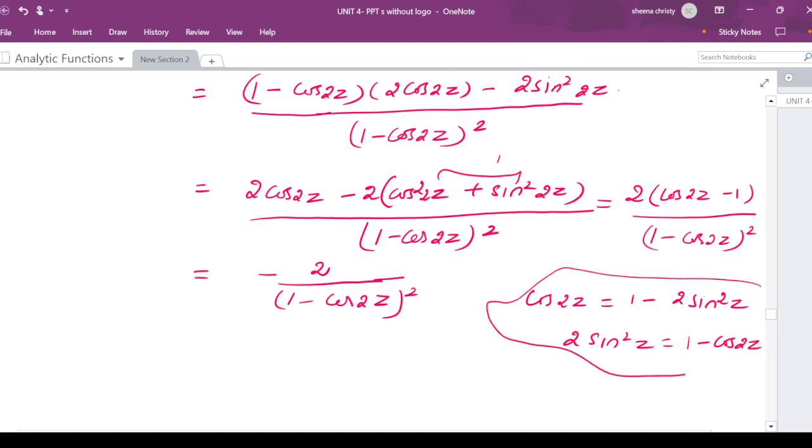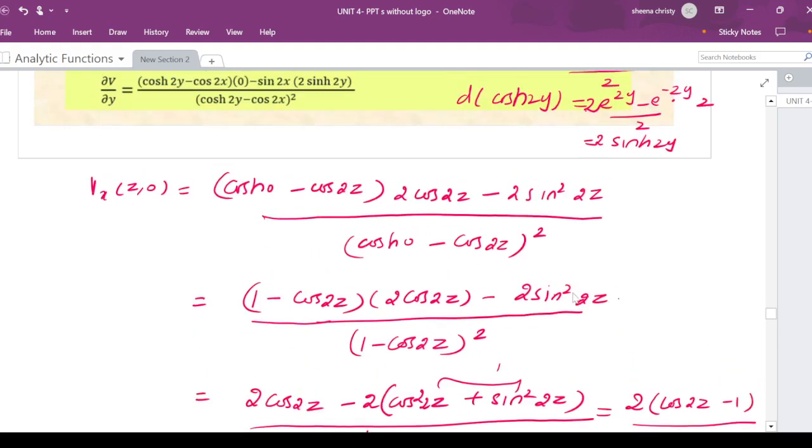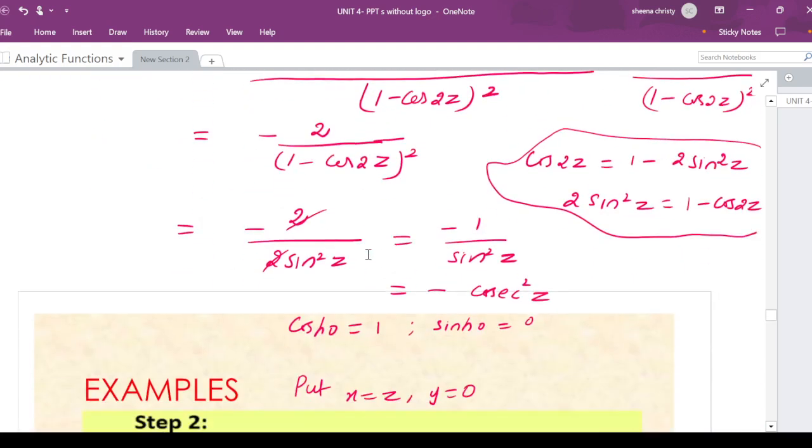By using this formula, you are going to write minus 2 divided by 2 sine square z. So 2 gets cancelled, minus 1 by sine square z. What is this 1 by sine square z? It can be written as cosecant square z. So minus cosecant square z. So you are getting Vx of z comma 0 is minus cosecant square z.